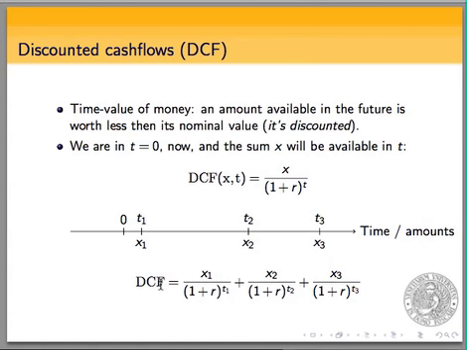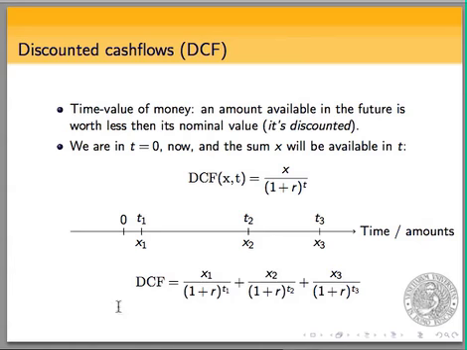If you want to compute the discounted cash flow of all this stream, you just have to sum the discounted cash flow relative to the first time and first amount, which is x1 over 1 plus the interest rate raised to t1, plus, and we are now taking into account the second cash flow, x2 over 1 plus r raised to t2, plus, and we are now taking into account the third cash flow, the third amount over 1 plus r raised to t3.